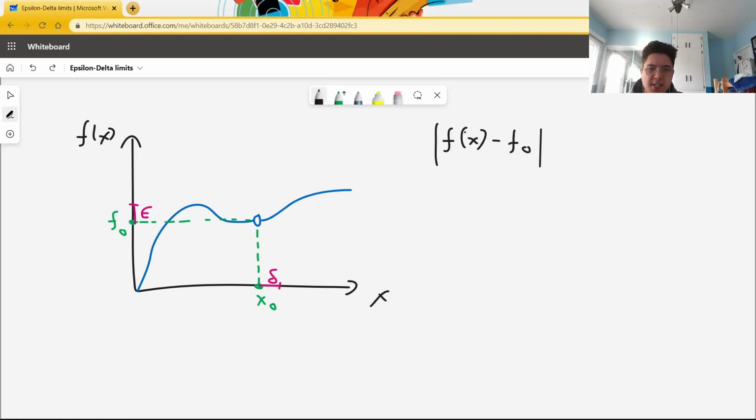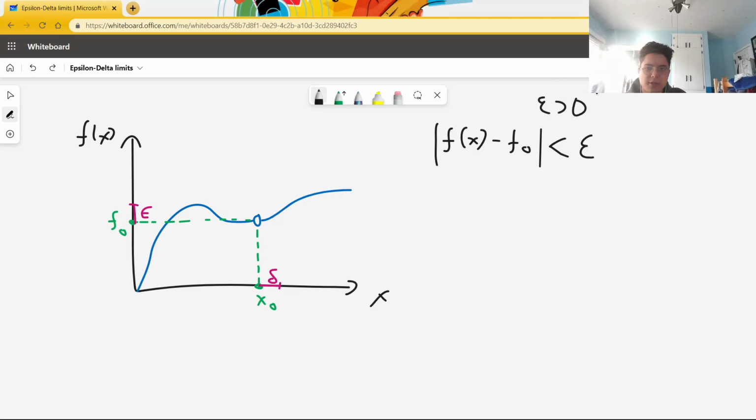This expression is the distance in absolute value between some function value and the value of our limit f0. That is, how far away we are from f0 for a given function value. Suppose we are given some epsilon such that epsilon is greater than 0.